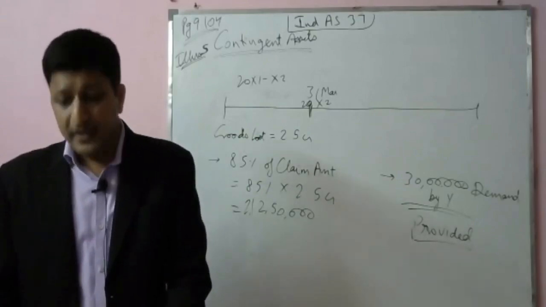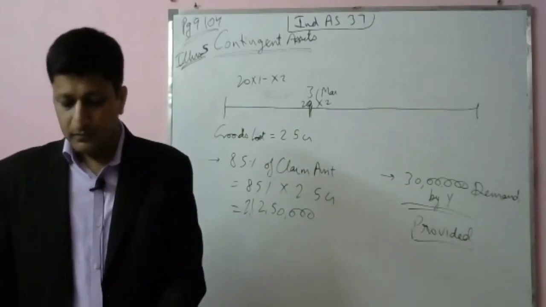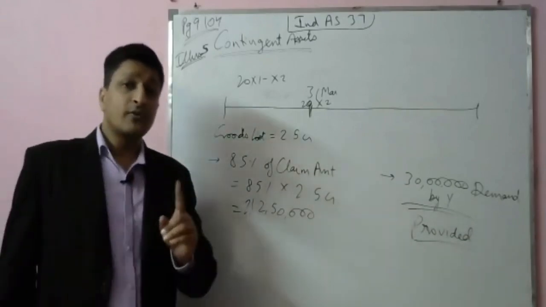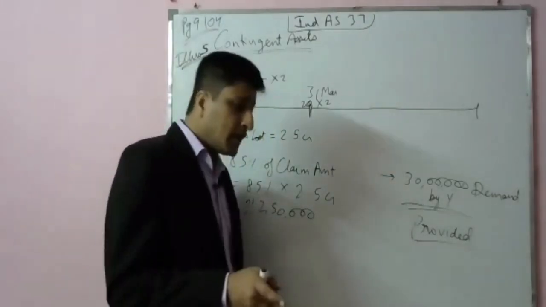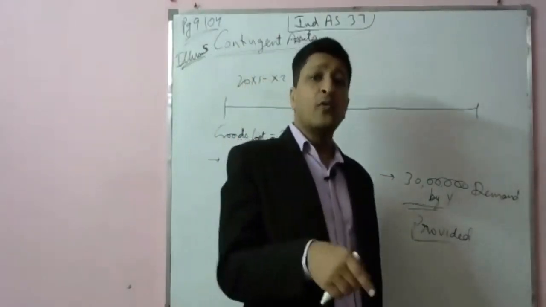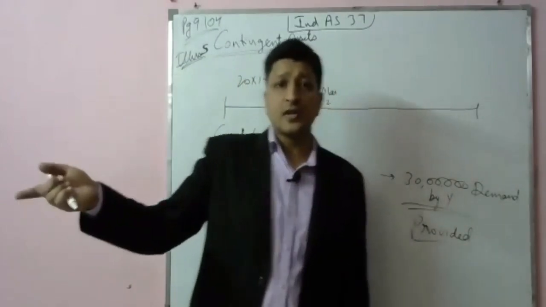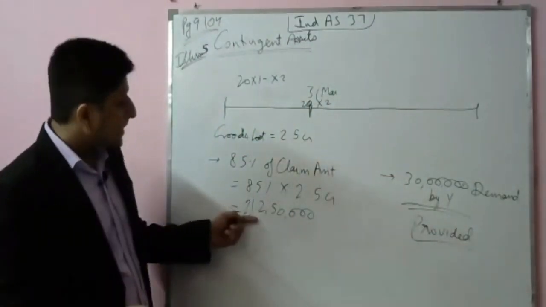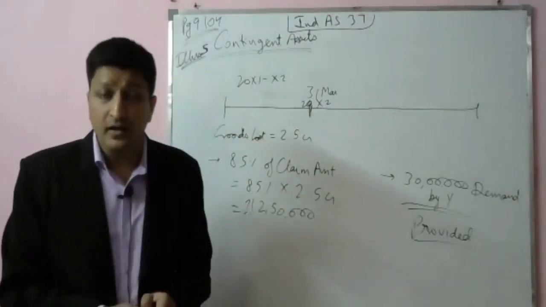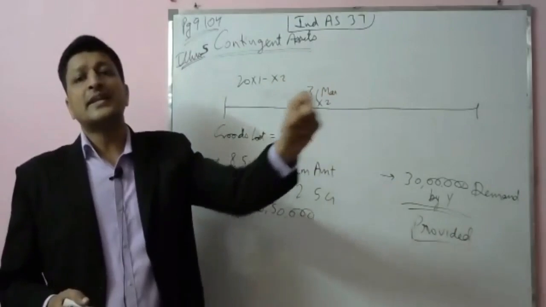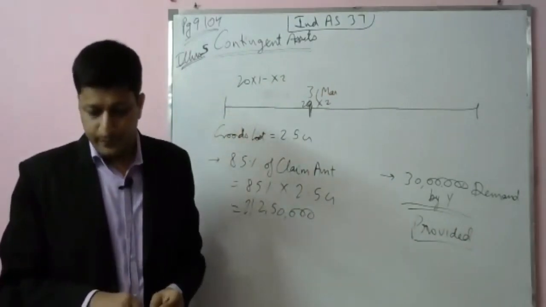They have received informal information. The information is not formal. If the information becomes formal, they will receive the approval from the insurance company. Then this amount will have to be recorded in the financial statement. But so far, it's only informally that the company has heard.